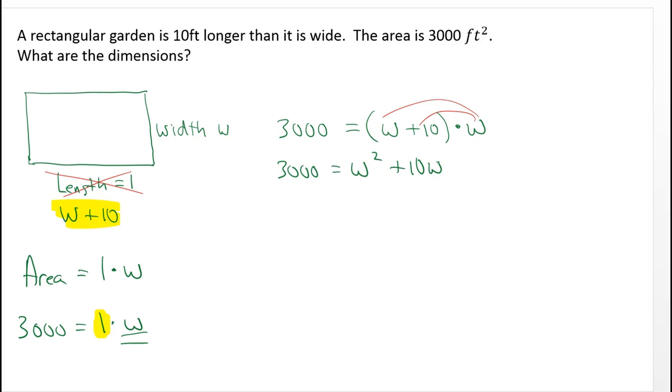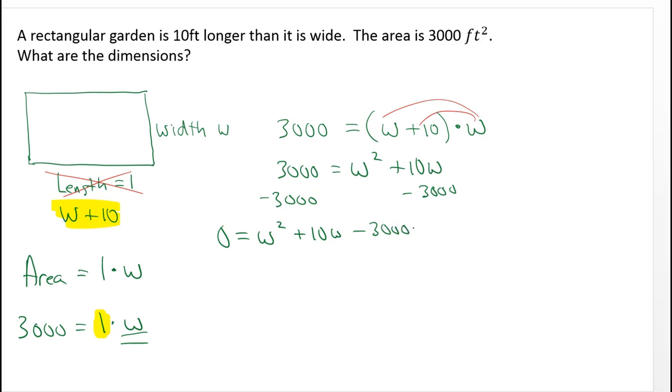But look, not allowed to use the square root property because of this 10W. Whenever you have a variable to the first power, no square root property for you, okay? So I'm going to subtract 3,000, subtract 3,000. That gives me 0 on the left equals W squared plus 10W minus 3,000.